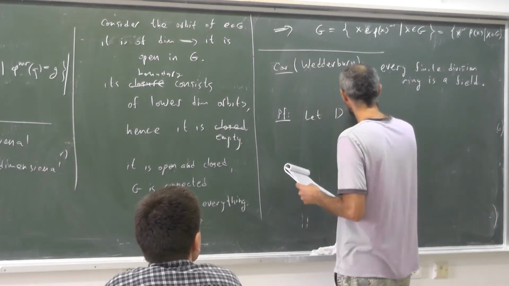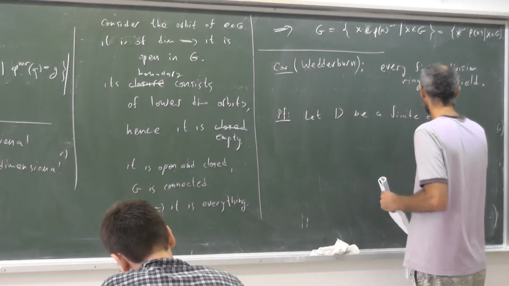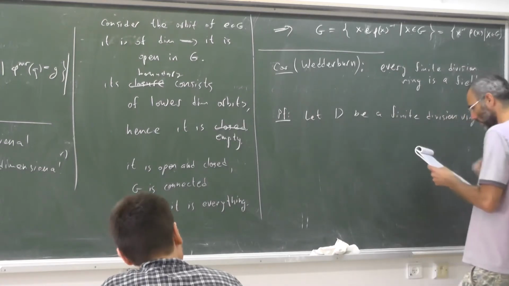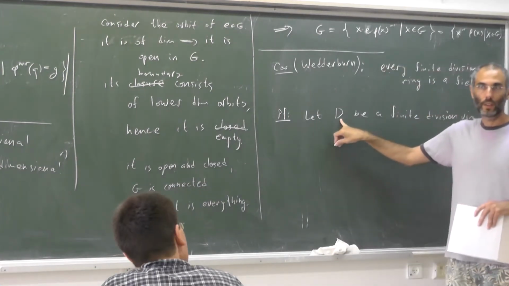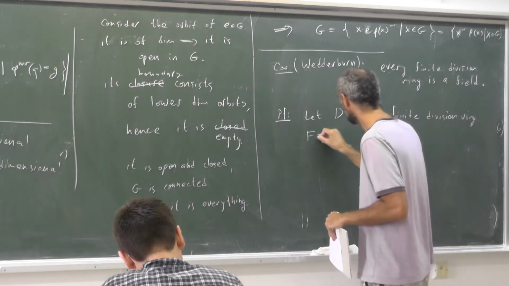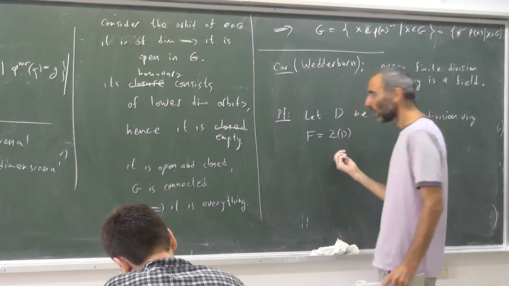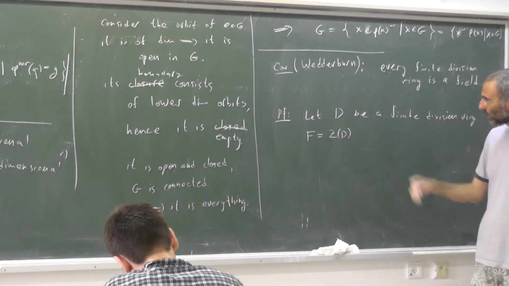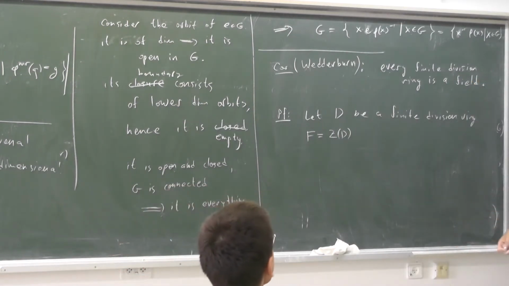So let D be a finite division ring. And I want to view it as a central simple algebra. So first of all, my F will be the center of D. Observe that the center is distributive and contains the identity, so it is a field.